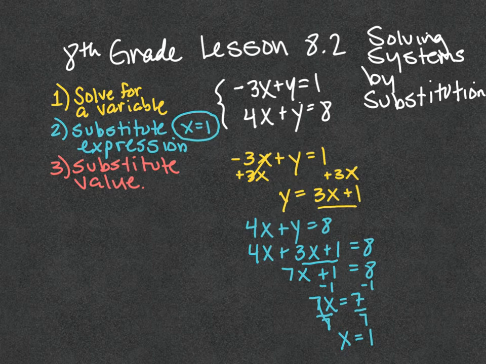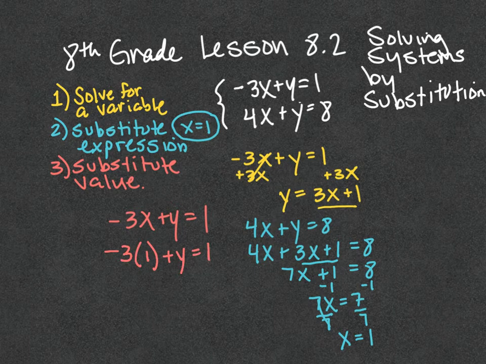So now I can move on to step 3. I will substitute that value of x into either of these equations. I'll go ahead and substitute into this one. We're going to take the negative 3x plus y equals 1, and now that I know that x equals 1, I'm going to plug it in here. We're doing substitution.